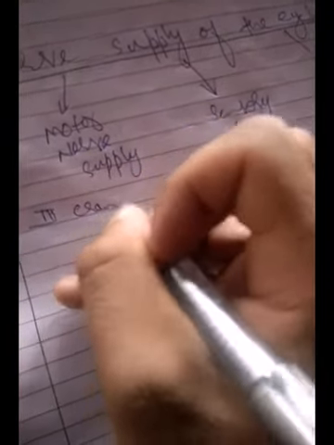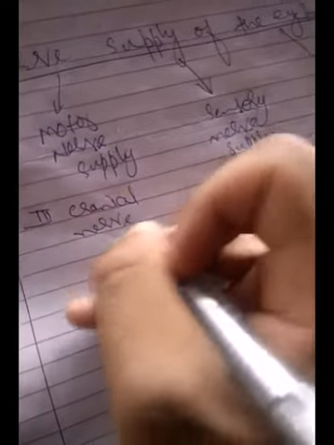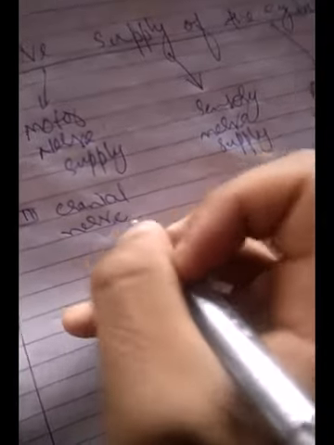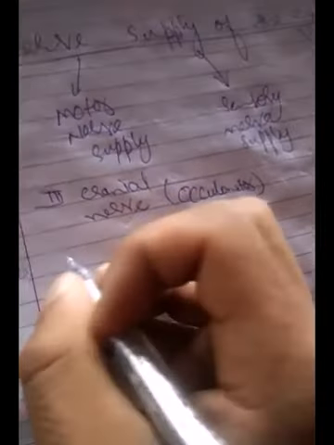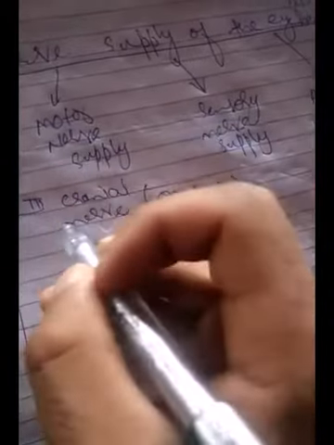The motor supply is provided by the third cranial nerve, called oculomotor, which supplies the levator palpebrae superioris muscle, which is present in the eyelid, and the superior rectus.